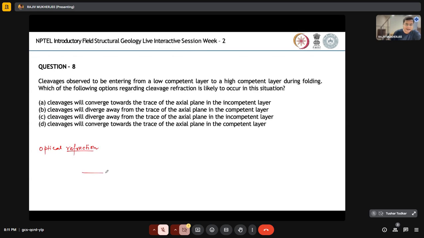In optical refraction, if this is an optically dense medium, and this is an optically rarer medium, then the incident light beam has an incident angle, and it has another angle, the angle of refraction, right?